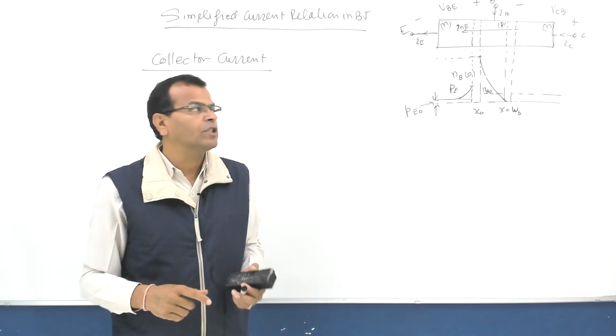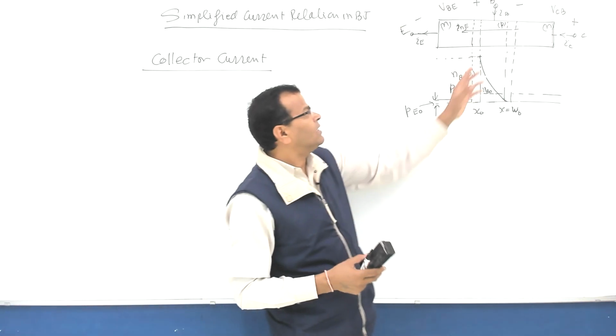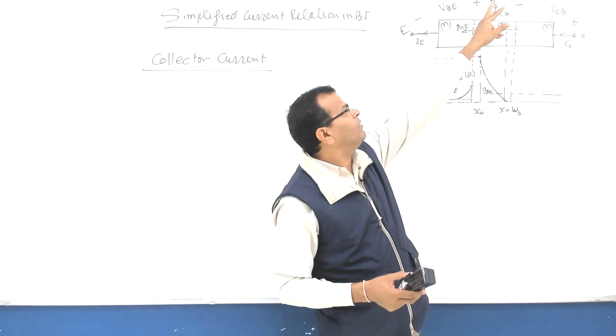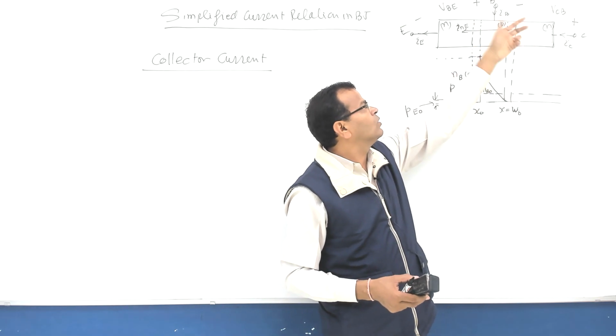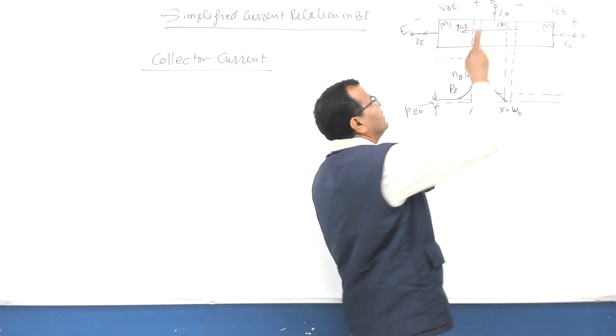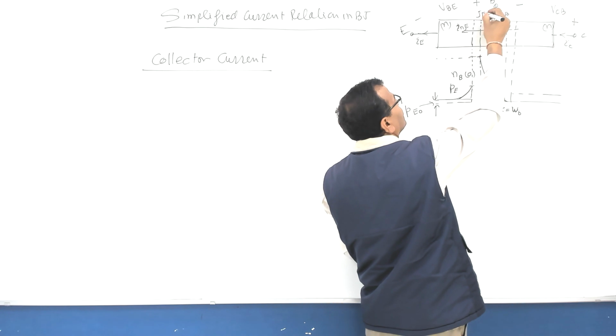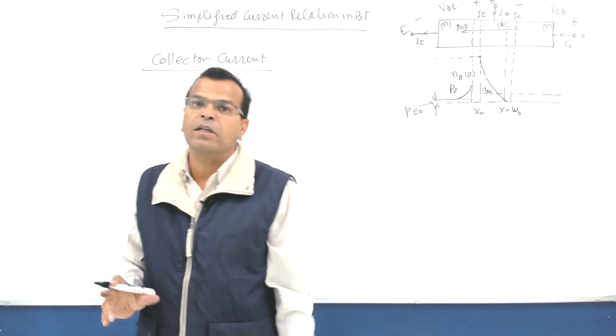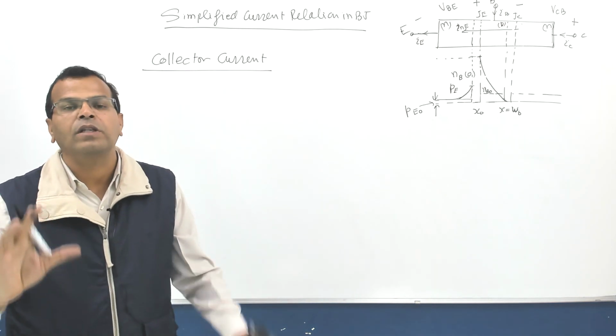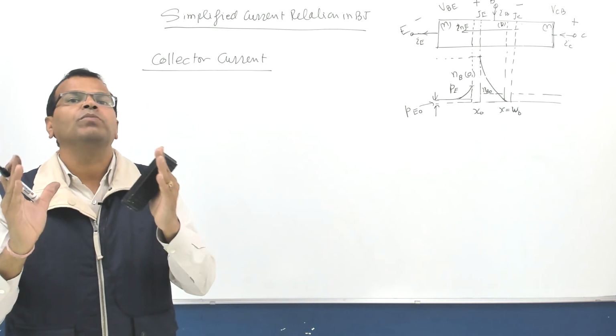If you remember the PN junction diode. So for this junction, I am applying B positive, E negative, this is NPN. So this is your emitter junction, this is your collector junction. So emitter junction is forward biased, collector junction is reverse biased. So this is normal active mode of operation.